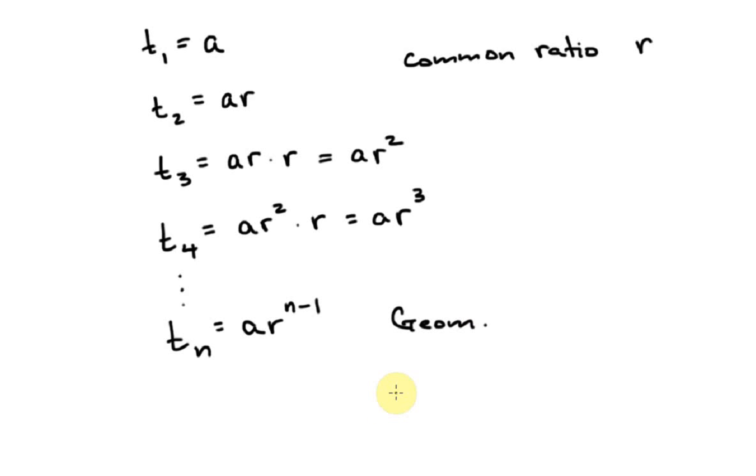All right, why don't we try an example and see what this formula can do for us. I'm just going to clear the page here. And here we go with our first real example. Here is our sequence: 240, then negative 120, then positive 60, and so on. We want to find the 7th term.